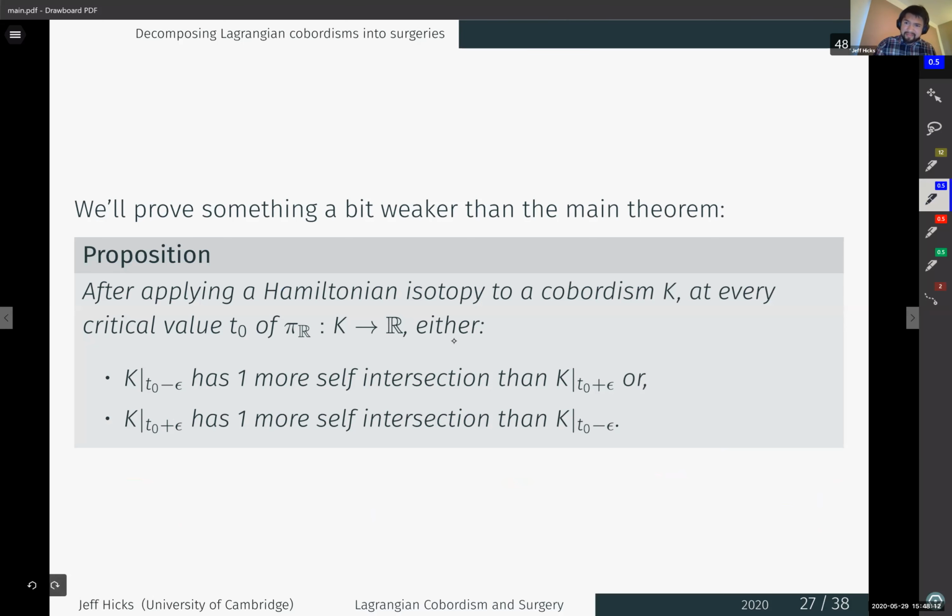So in this talk, I'll give a statement which is slightly weaker than the main theorem, which is to say that after you apply a Hamiltonian isotopy to your cobordism, at every critical value of this projection to the real coordinate, either the slices before the critical point have a self-intersection, or the slices after the critical point have a self-intersection.